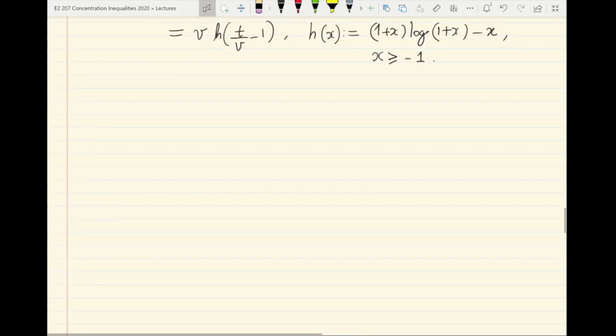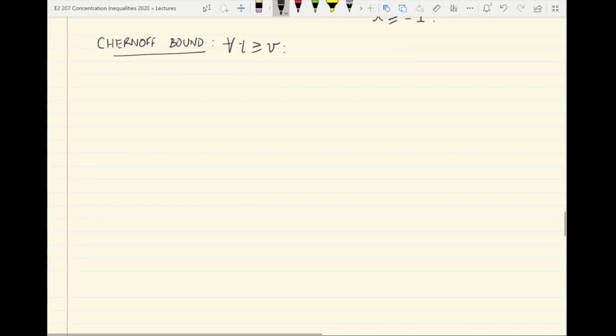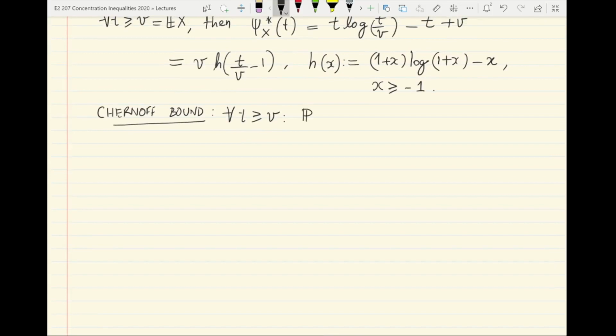So the Chernoff bound for a Poisson reads as follows. We have for all t greater than or equal to v, probability X greater than or equal to t is less than or equal to e raised to minus v into e raised to minus t times log t by v minus 1.